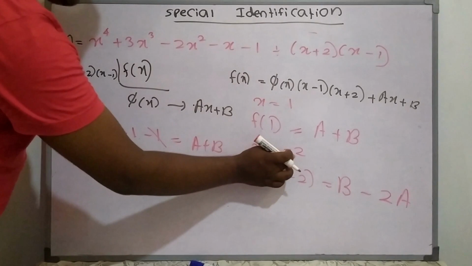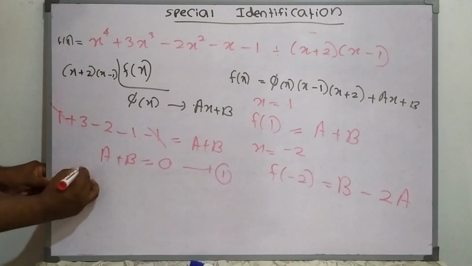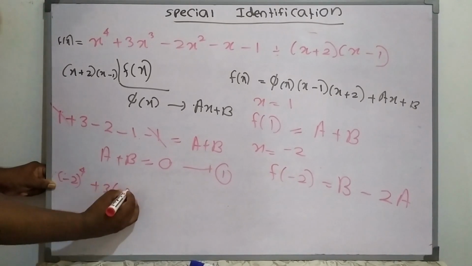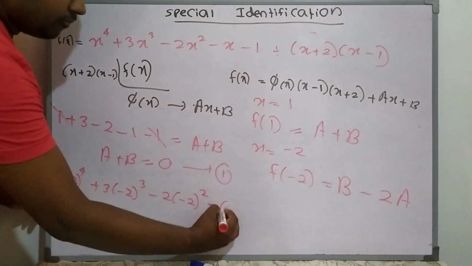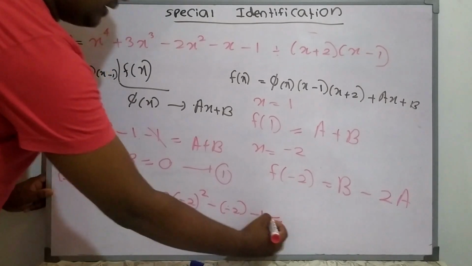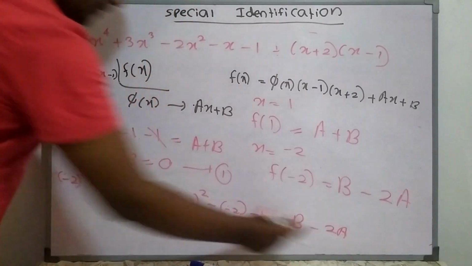And what happens if you put minus 2? Then minus 2 to the power 4 plus 3 times minus 2 to the power cube minus minus 2 to the power 2 minus minus 2 minus 1 equals b minus 2a, right?